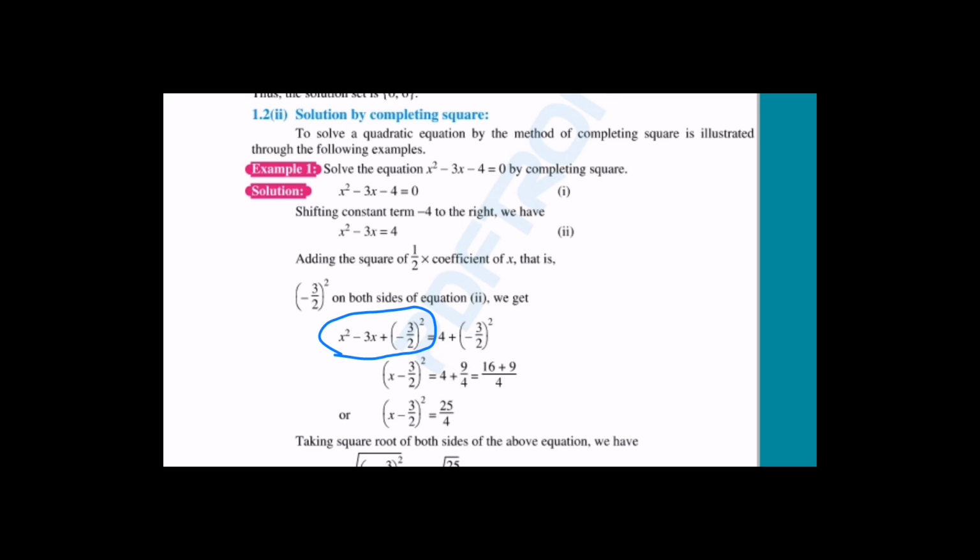Taking square root on both sides, this becomes x minus 3 by 2 is equal to plus minus 5 by 2. Or x is equal to 3 by 2 plus 5 by 2.